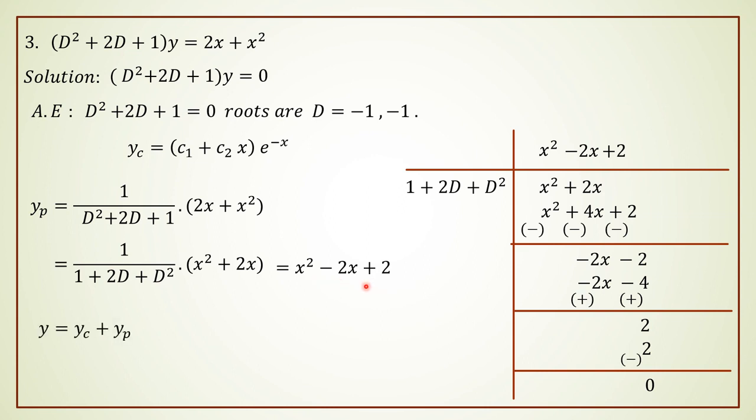Therefore, the complete solution of the given differential equation is the sum of the complementary function and the particular integral. So just substitute the complementary function and the particular integral, that is c1 plus c2x into e to the power minus x plus x square minus 2x plus 2. Okay, that completes the problem.